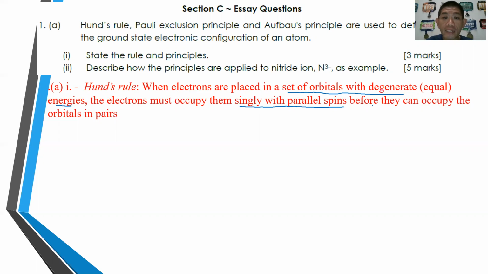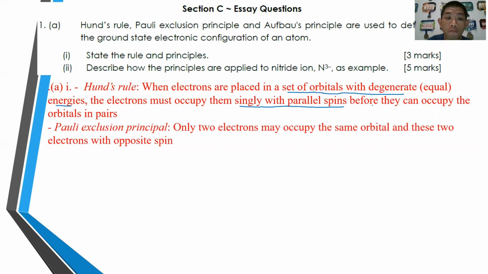And then for the second definition, Pauli exclusion principle: each orbital may only be occupied by 2 electrons with opposite spin. So that is the keyword to explain Pauli exclusion principle.